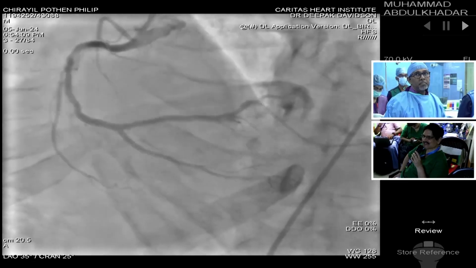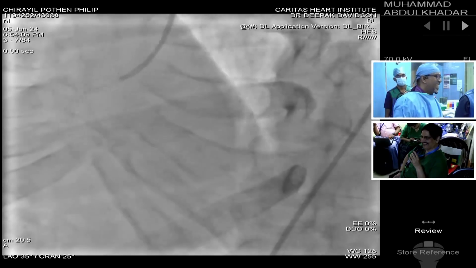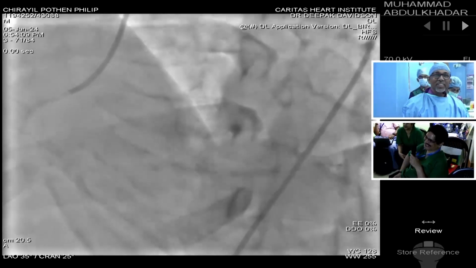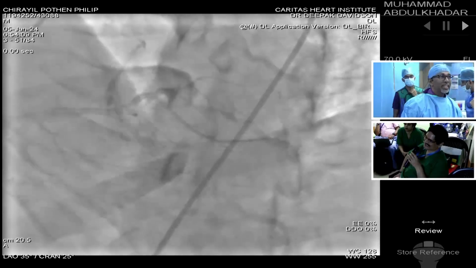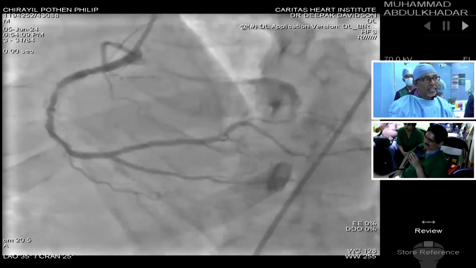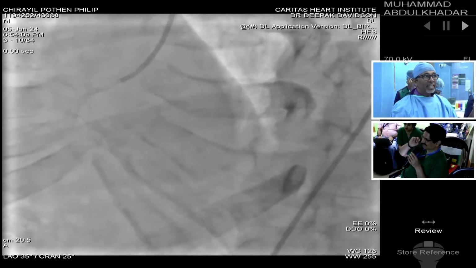Here you will take a JR. We prefer the previous one. Probably we should have chosen a JR. Managing the guide catheter would be easier, but then tracking the OCT catheter would have been difficult. True.